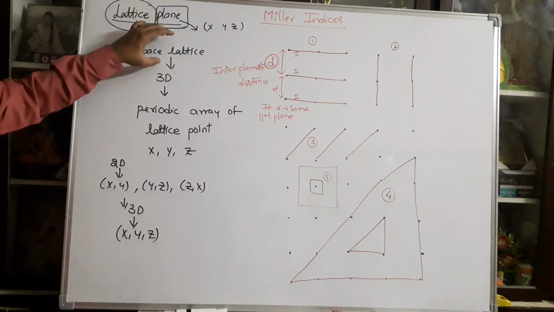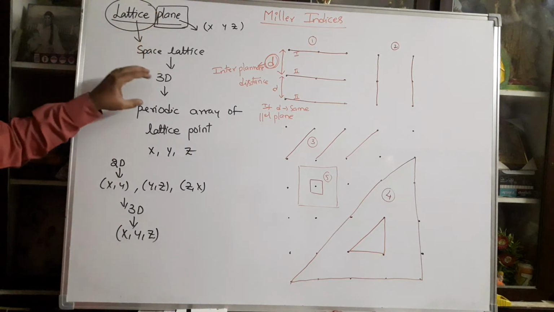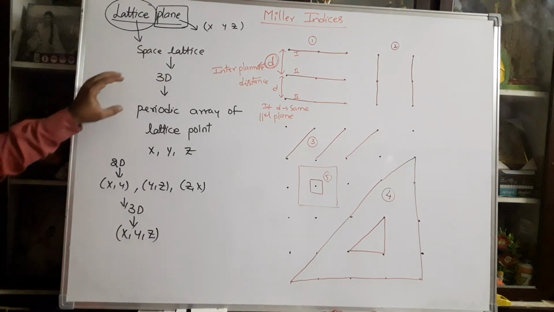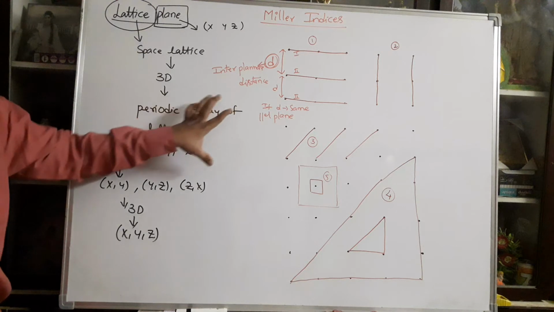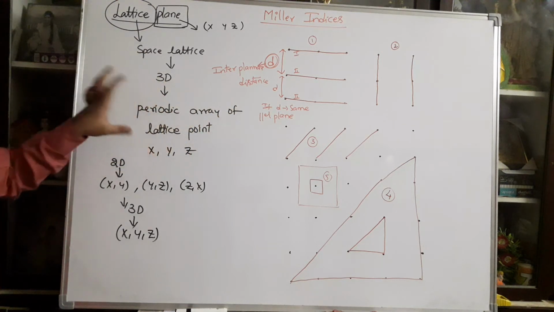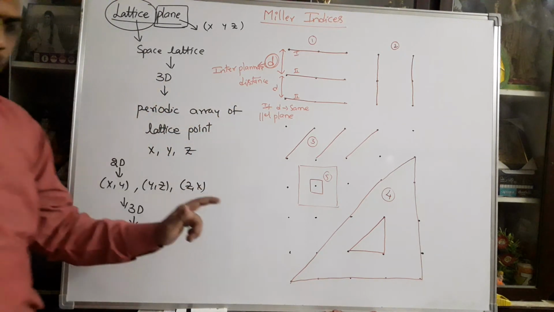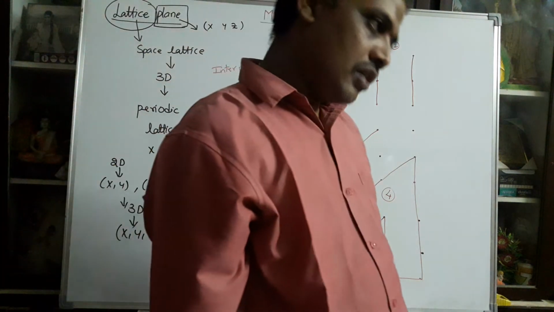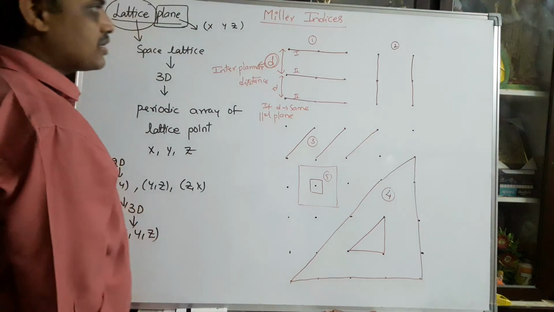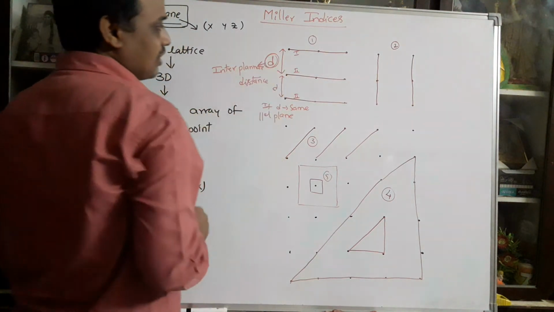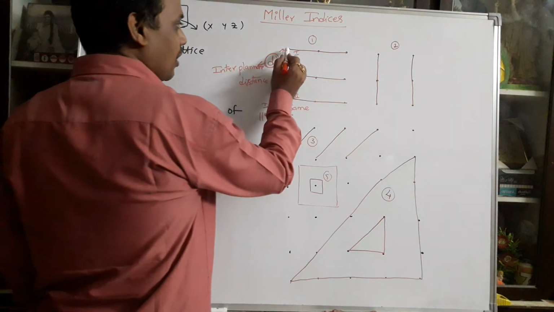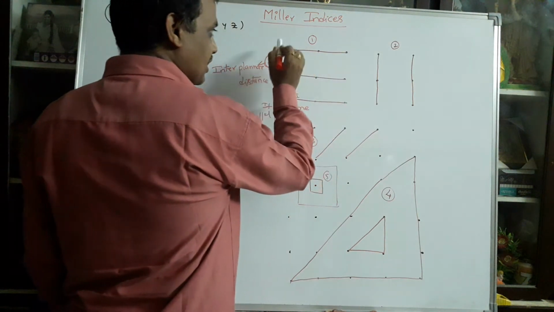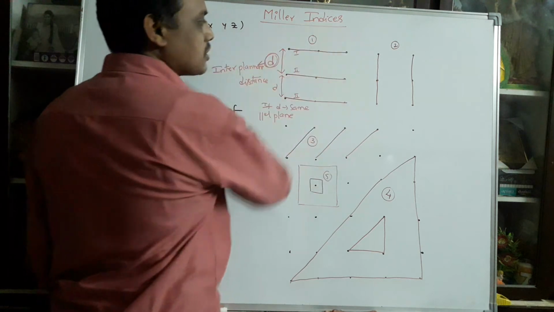Lattice means space lattice, where you express the lattice points from a three-dimensional point of view. A crystal is nothing but a periodic arrangement of atoms, which can be represented in three dimensions. The entire structure is taken as a crystal or crystal structure. In this crystal structure, when a plane passes through the lattice points, then the plane is called a lattice plane.